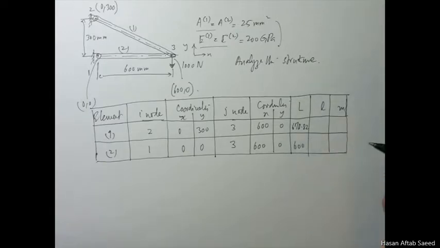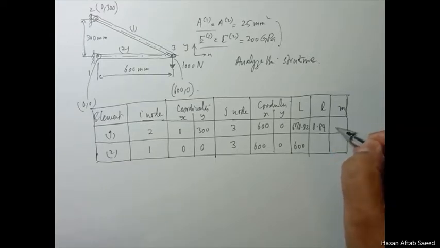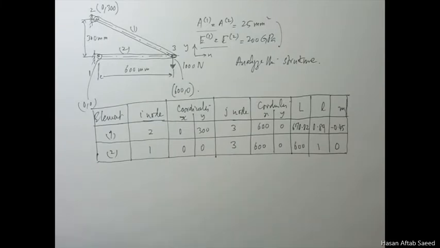This latter one is very obvious, and L is 0.89 and M is minus 0.45. Here it's 1 and 0, again very obvious. For a straight line it has to be 1 and 0.